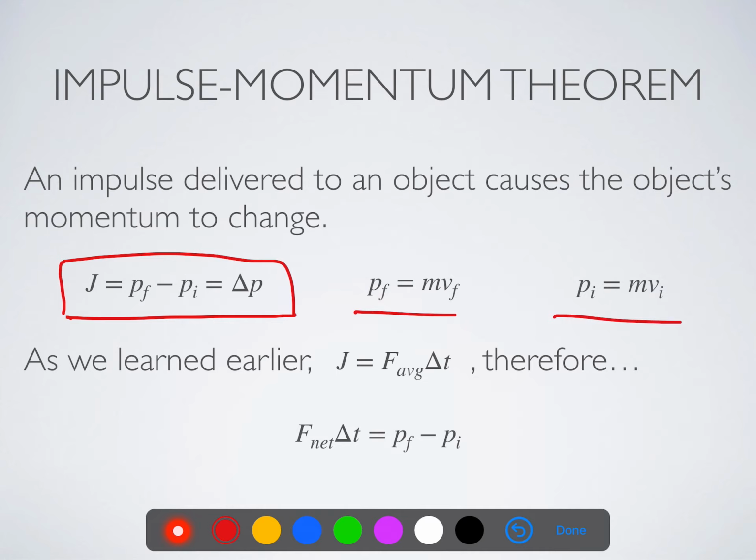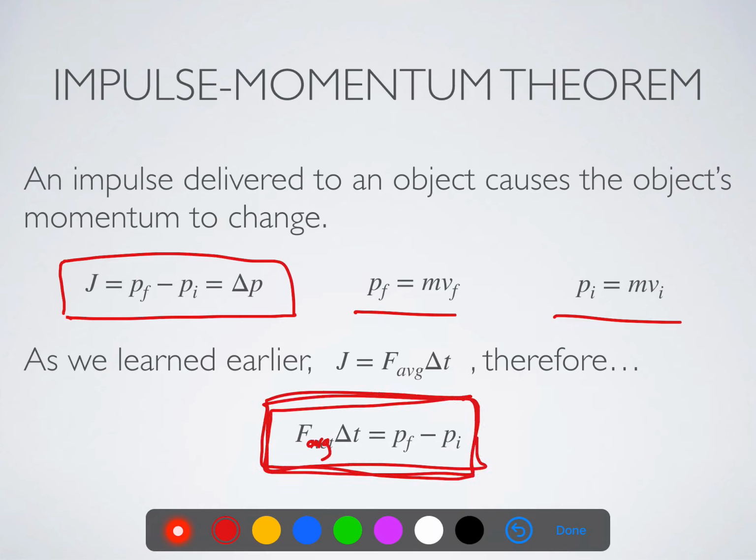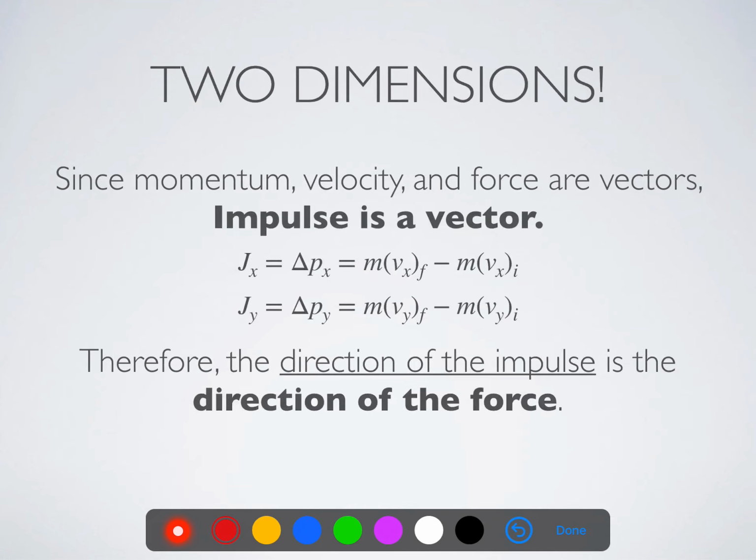Now we can combine all of this into this equation, where J is equal to the average force multiplied by the time. So therefore, force average times the change in time is equal to the change in momentum. This is a very, very important equation for us, and we're going to use it in an example coming up here.